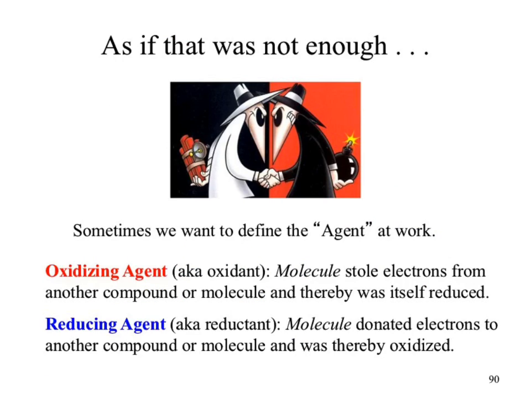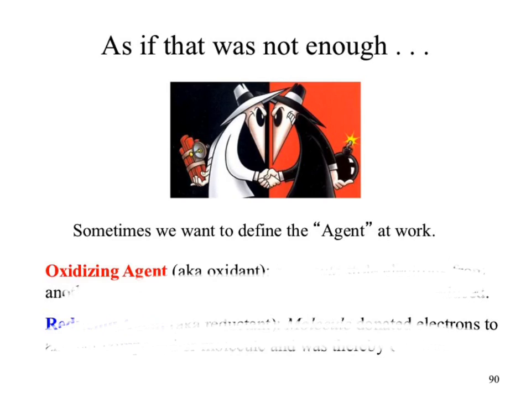We'll also bring in now this concept of an oxidizing agent. Under the assumption that you aren't reading super fast, what do you think is happening when we look at an oxidizing agent? We would expect oxidation. We would expect loss of electrons. But guess what happens to an oxidizing agent?